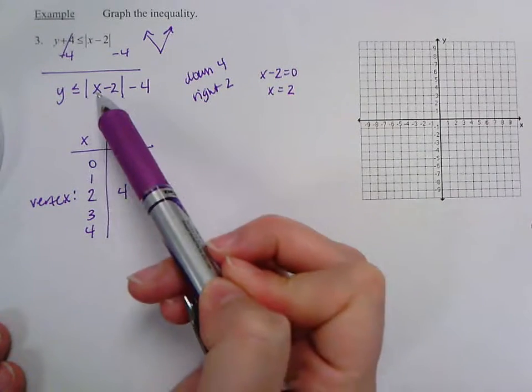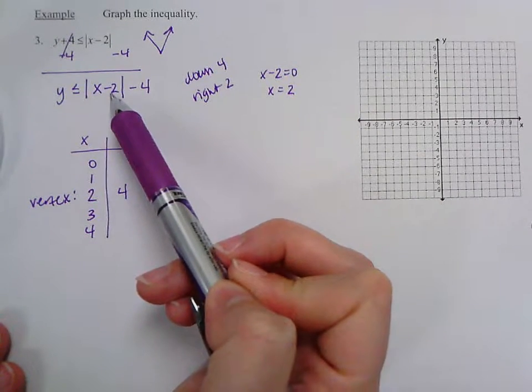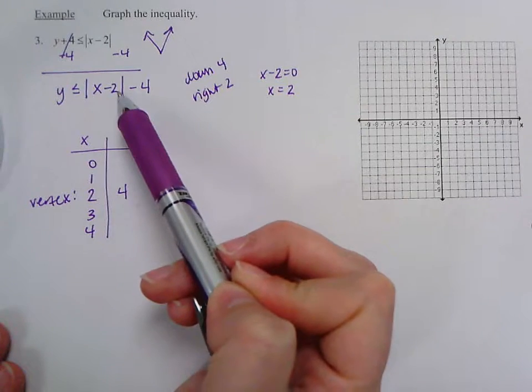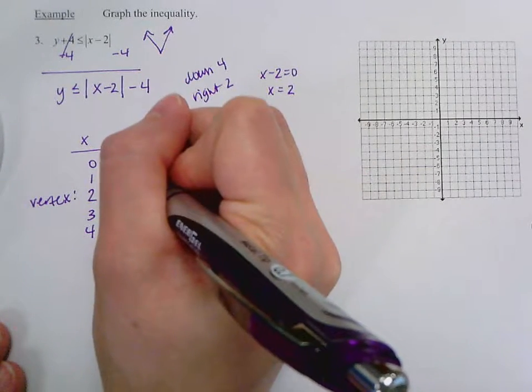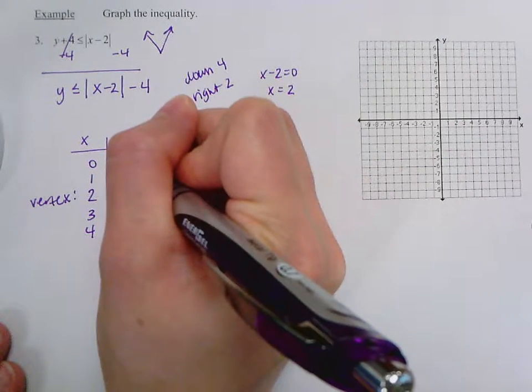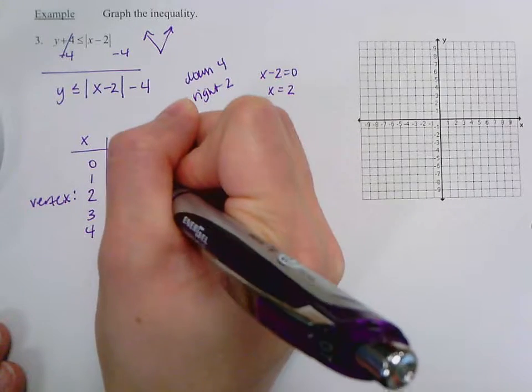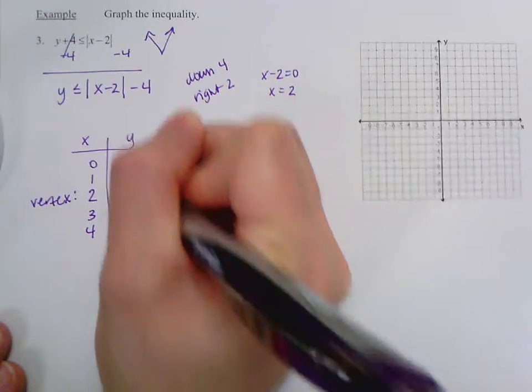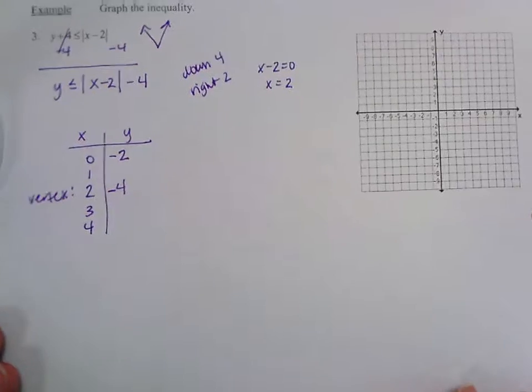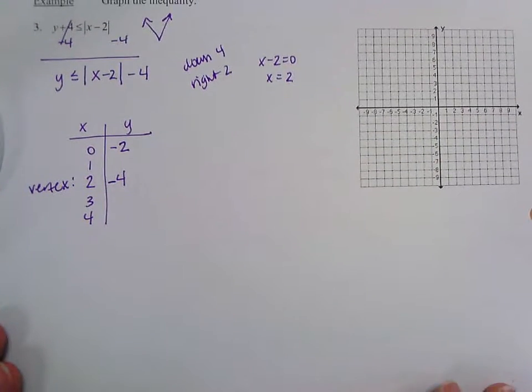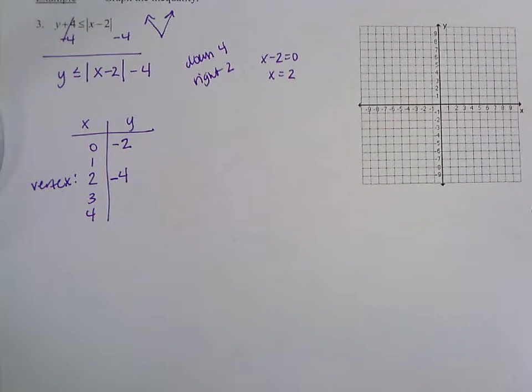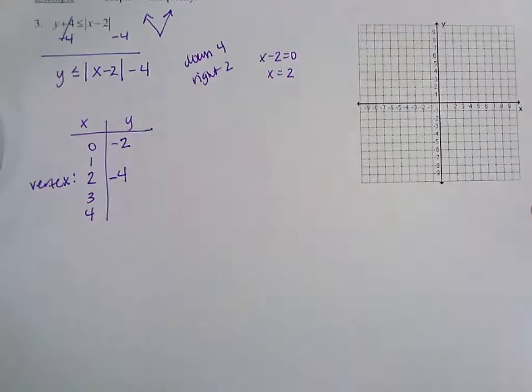So if I substitute in 0, 0 minus 2 is negative 2, but the absolute value is positive 2. Minus 4 is negative 2. Yes, thank you. I was going to say that's not right because it should open up. So thank you. It should be negative 4 because of the down 4.